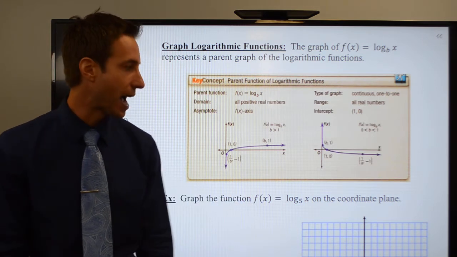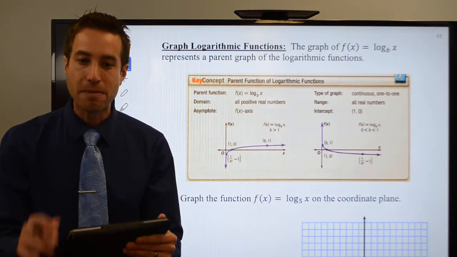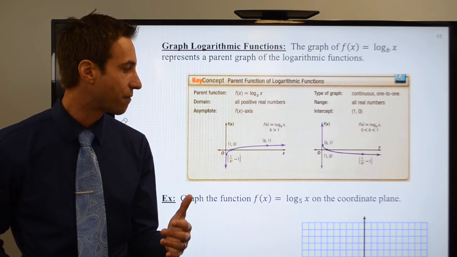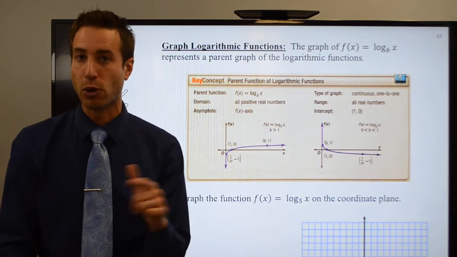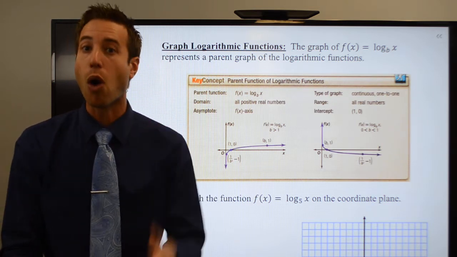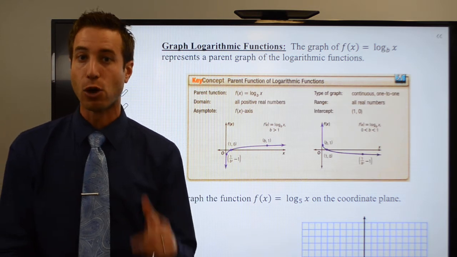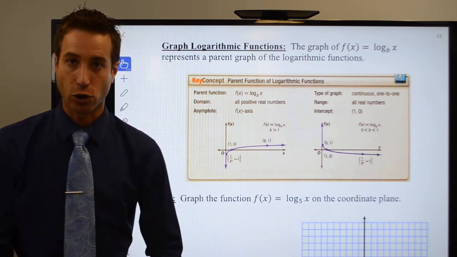So with that in mind, let's jump into graphing these logarithmic functions. No transformations, you're going to go through the point 1, 0, and the y-axis will be a vertical asymptote, which is a line that you will approach, but you should never, ever cross.